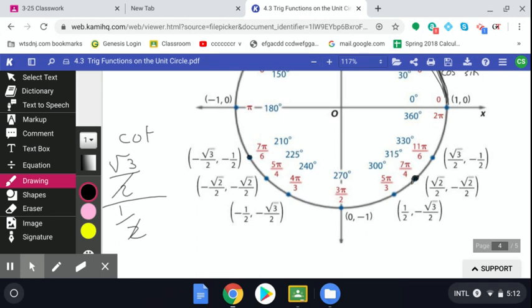So if we're doing 1 over radical 2 over 2, it should be 2 over radical 2.